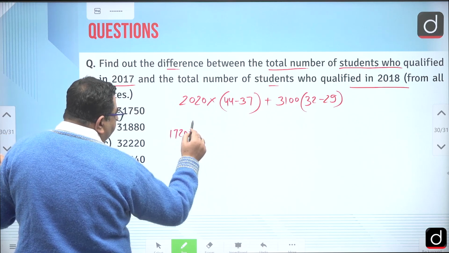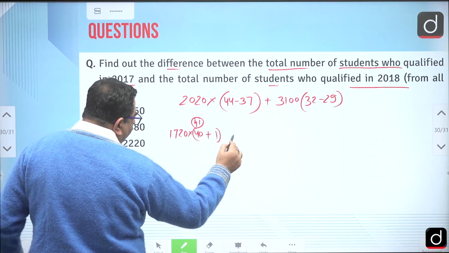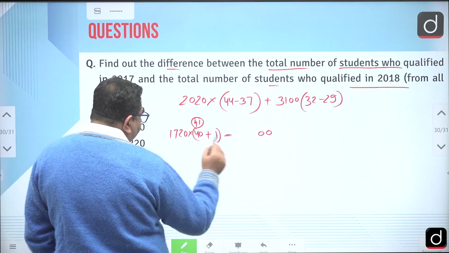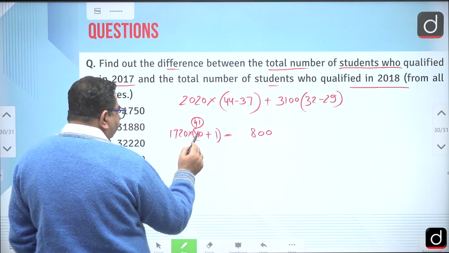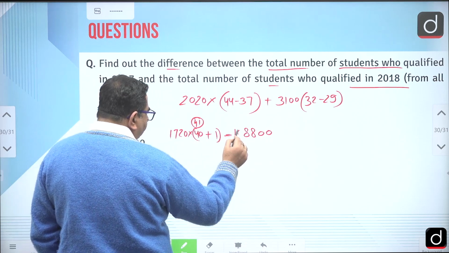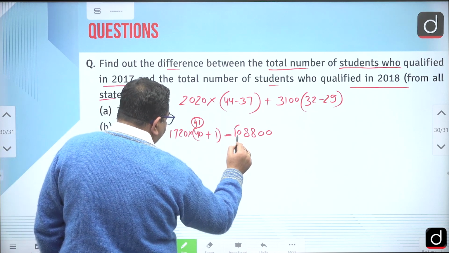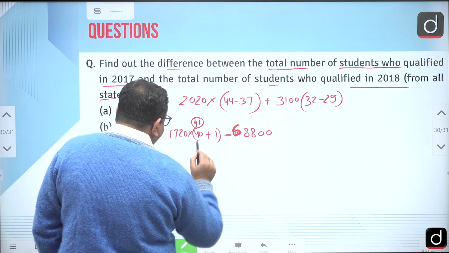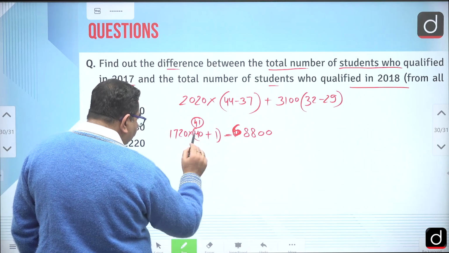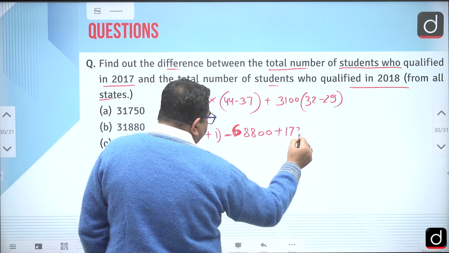1720 into 41. So 41, it's very clear, we can write 40 plus 1. So 0 0, 4 into 2 is 8, then 4 into 7 is 28, carries 2. 4 into 2 is 8, 4 into 7 is 28, carries 2, 4 plus 2 is 6, plus this is 1720.